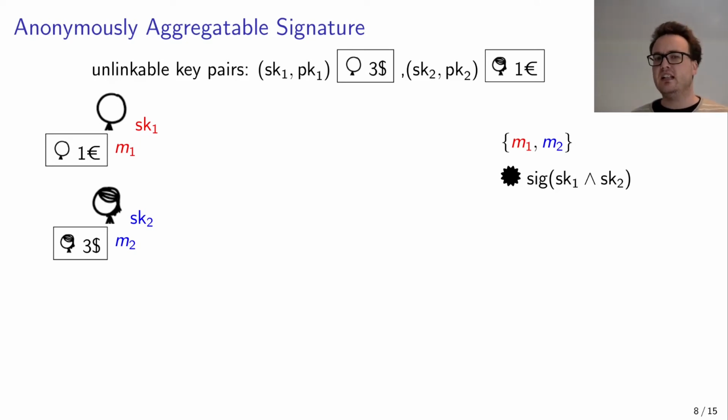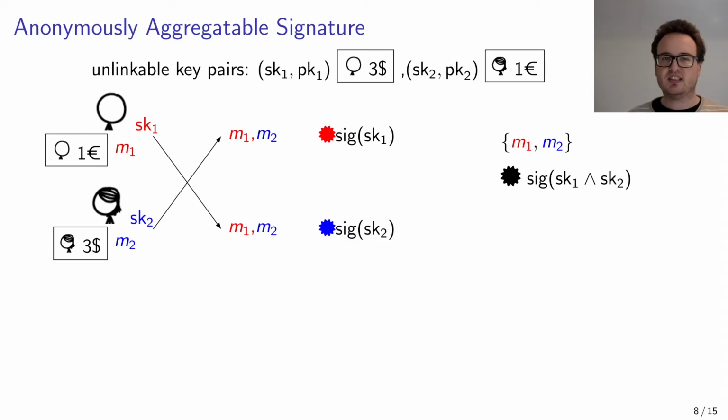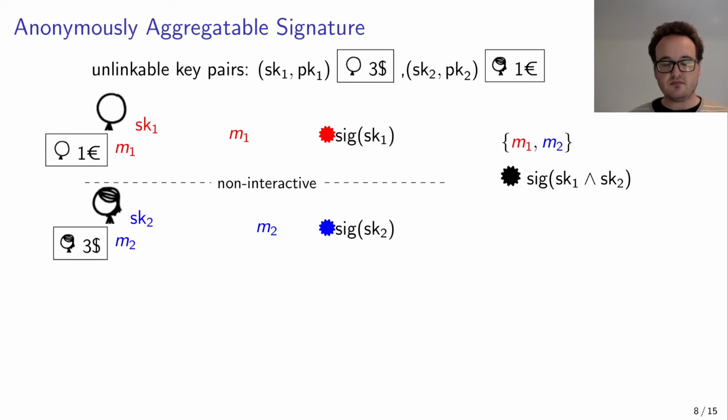And they need to create a signature for the set of both, signed with both secret keys. In the interactive setting, that's super easy. They just exchange the message with the other party, then they both have the full set. They sign it with whatever signature scheme they want, and they just concatenate the two signatures, and that's fine.